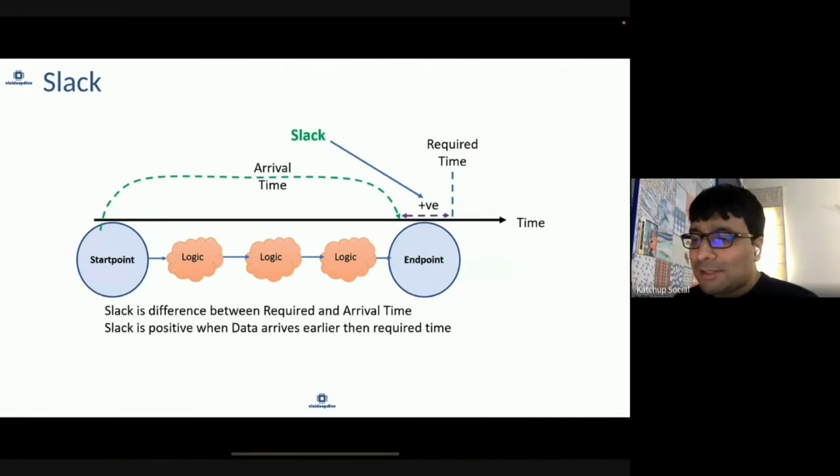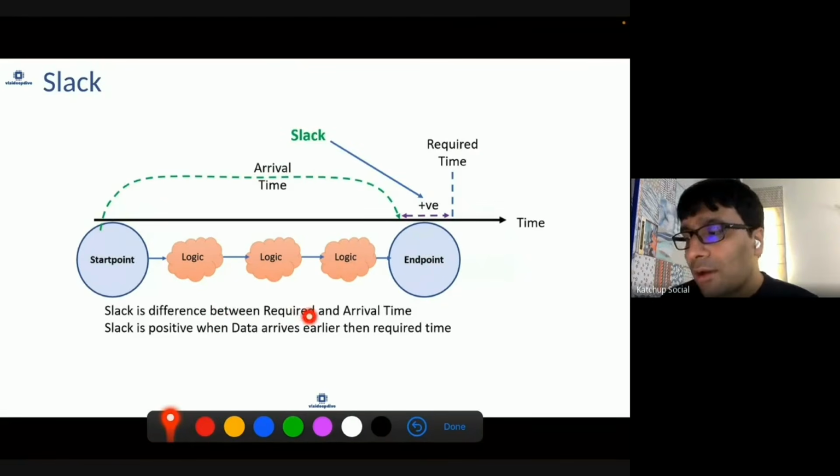So what is slack? Slack is the difference between required time and arrival time. For example, let's say this is the time scale, and your required time was this. Data takes a certain amount of delay and arrives here. If it arrives earlier than the required time, it is known as positive slack.